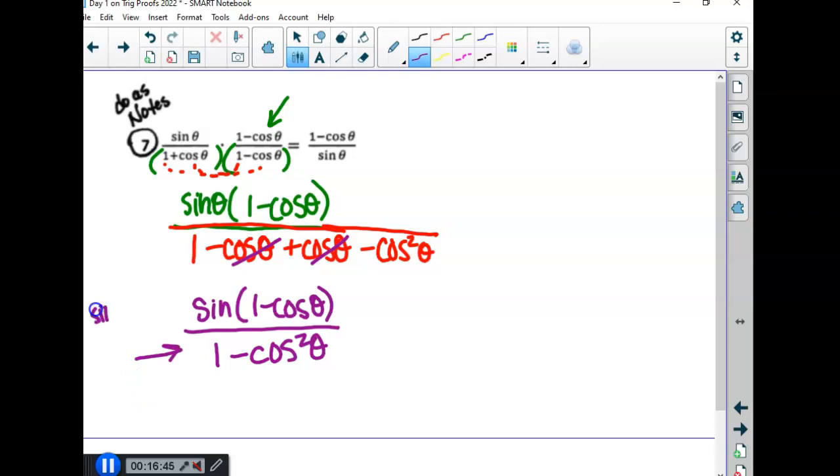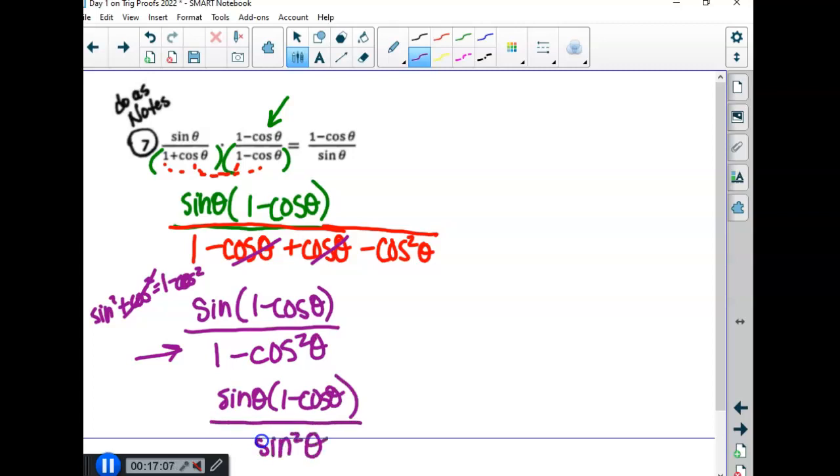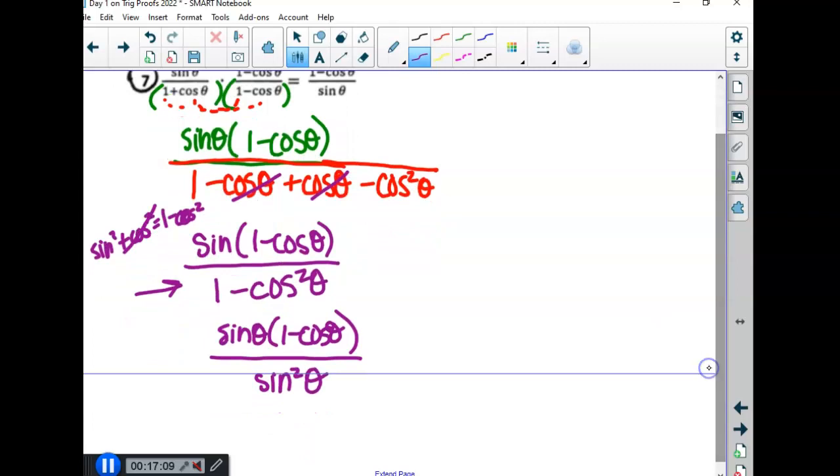Right, the trig says sine squared plus cosine squared equals 1. So a 1 minus cosine squared is a sine squared. And as it is a proof, you need to show all your steps so that I can follow what you did. Then what happens?